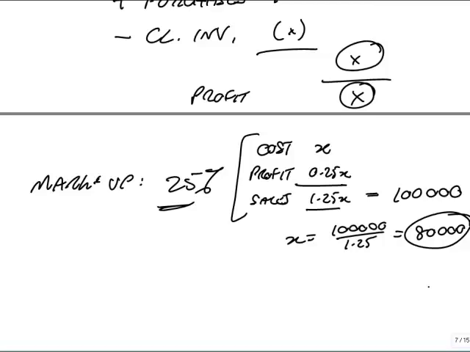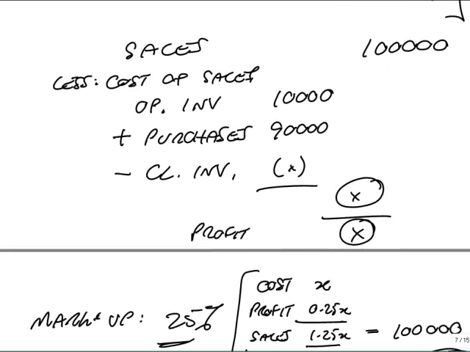The cost, therefore, must be 80. Do we agree? And so the cost of sales is 80,000. I don't really need it, but of course the profit is 20. It does work. It's 25% of cost.